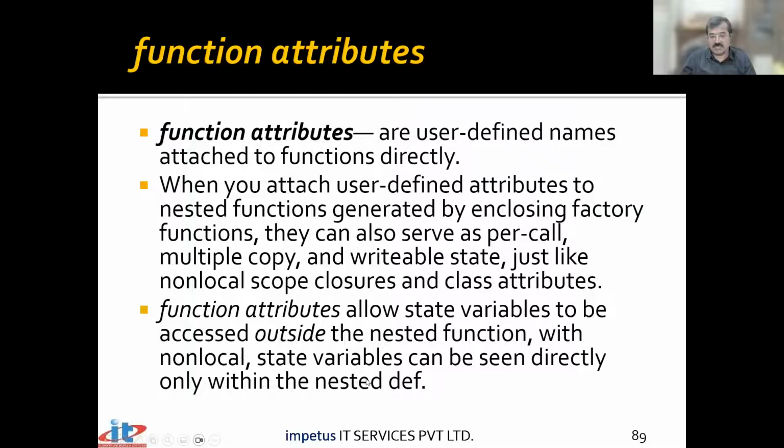With non-local, the state of the variable can be seen directly within the nested definition. So when you attach user-defined attributes to a nested function generated by an enclosing factory, so if I have a closure and if I plan to attach some user-defined attributes, they can also serve as per-call multiple copies and writable state, just like non-local scope closure and class attributes.